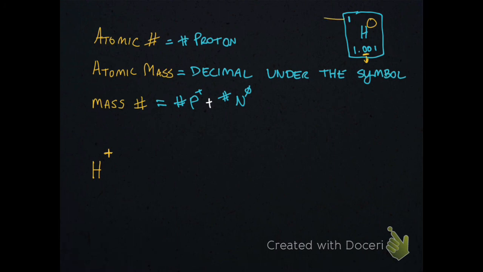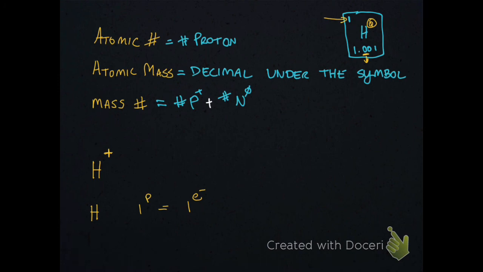If this is the atomic number for hydrogen, that means it has 1 proton. And if it is neutral, so the symbol would just be like this, with no charge right here, then it would have 1 proton, and then it would have 1 electron, because it would be balanced out if it is a neutral atom.